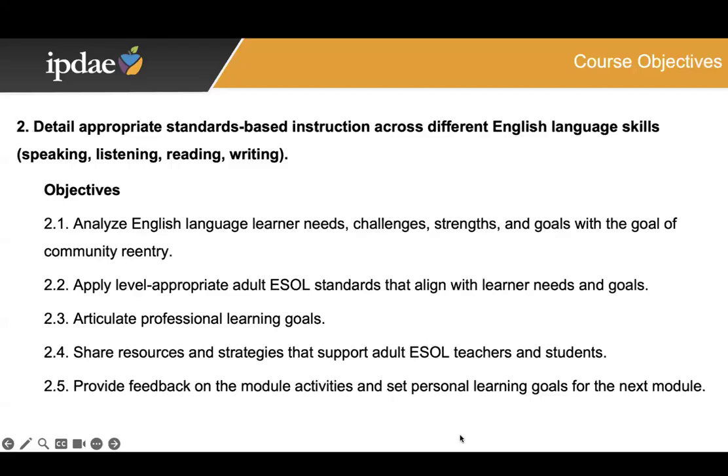So this is really, again, understanding what resources are available, what is really guiding the instruction, the bigger picture, and how to utilize those resources to align and to support instruction. It's not prescriptive, it's just a way to support. And of course, 2.3 through 2.5, we looked at there, and we'll see how this is expressed in the course activities here shortly.